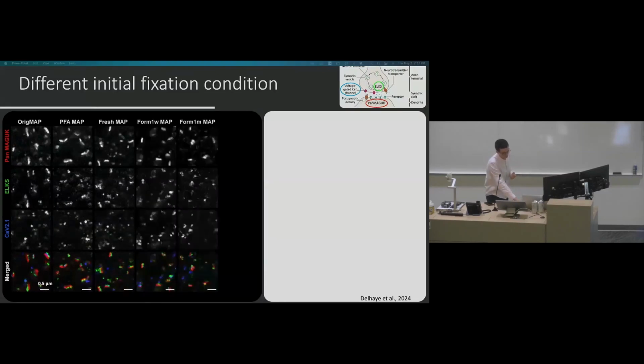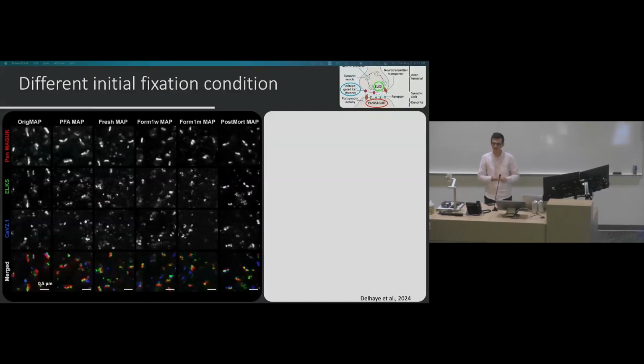And then finally, in the last condition, we used formalin, which is the fixative commonly used to fix human brain sections for about 1 week to 1 month, because human brain tissue is preserved in this fixative for an extended period of time before being embedded into paraffin. We also tried to mimic the post-mortem condition, where the brain is not directly fixed, so it's extracted and stays at 4 degrees for a couple of hours before being fixed in the MAP fixative solution.